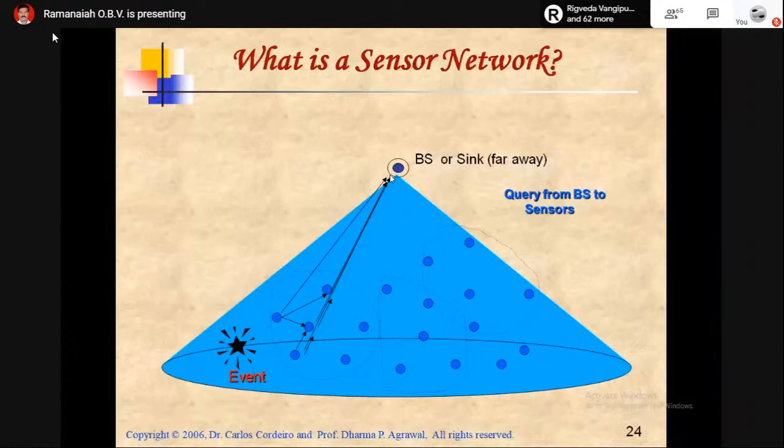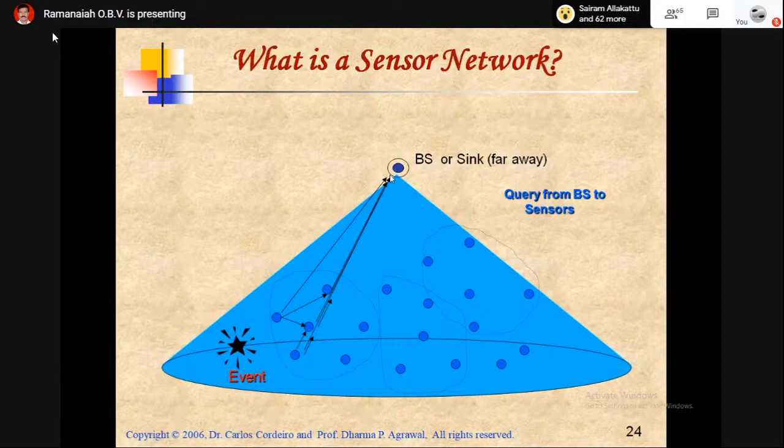Once that is detected by a certain number of nodes, the sensor nodes surrounding the event area are bound to detect the event and communicate that to the base station. But as I said, in design issues, there will be a hierarchical arrangement for energy conservation.